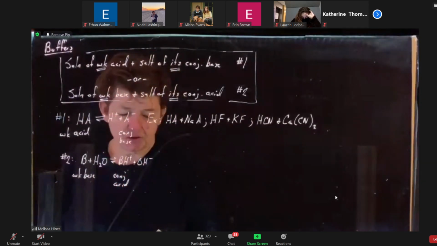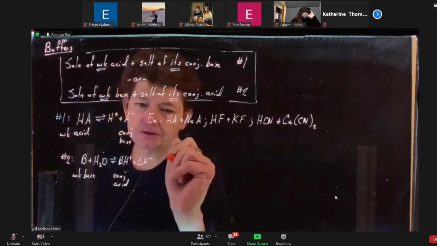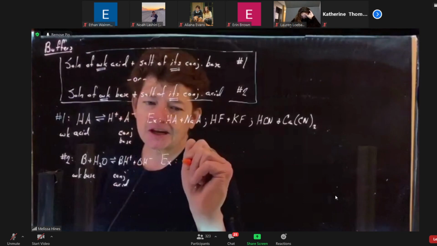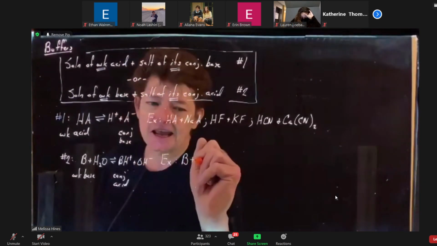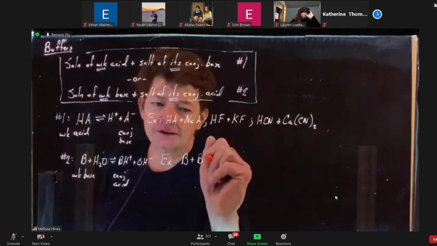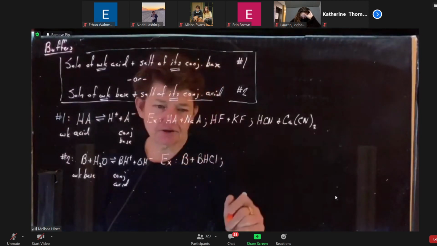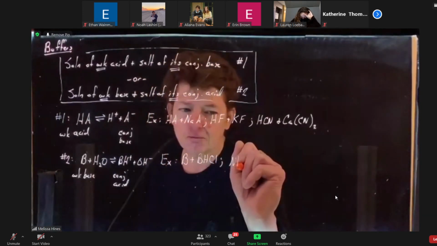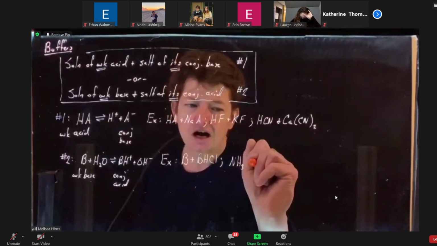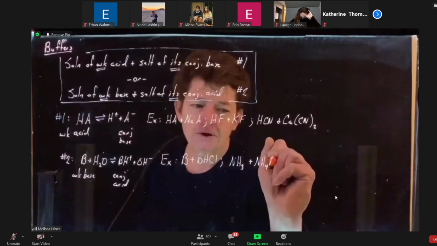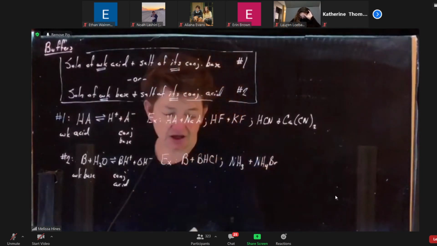So, for example, if we wanted to use an arbitrary B, we could take B and add it to B hydrochloride. That would make a buffer. Another possibility would be to take ammonia, NH3, and mix that with NH4Br, ammonium bromide, like that.